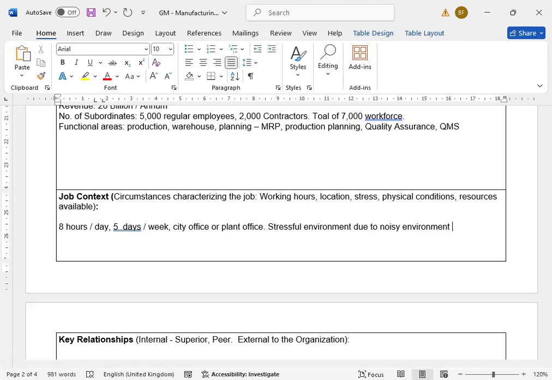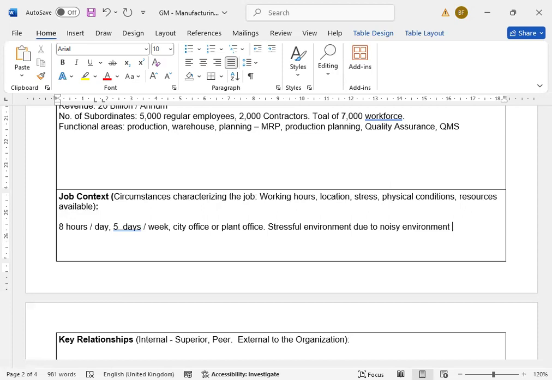Then the health and safety managers will measure the noise in the plant so that they will know whether the employees will need to have PPE, like earmuffs or earplugs.